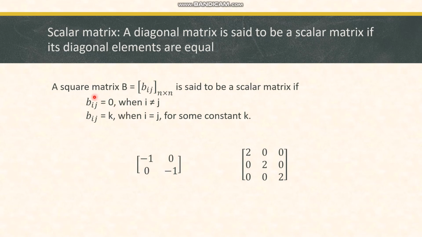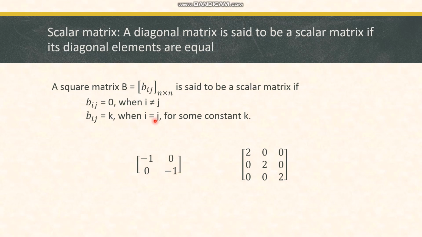There's another definition of a scalar matrix. A square matrix B equal to [Bij] is said to be scalar if Bij is 0 when i is not equal to j. See, when i is equal to j, that means we are talking about the diagonal elements, when row is equal to column, right? First row, first column, so this is the diagonal element. Second row, second column, so it's the second diagonal element.